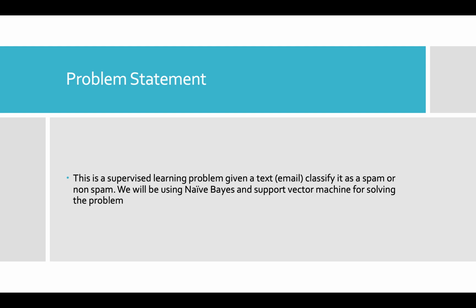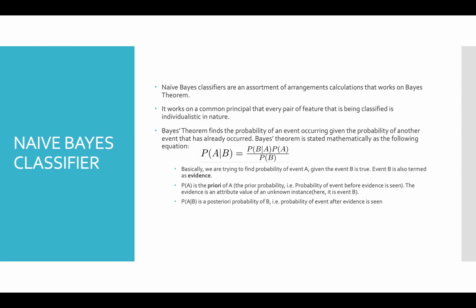In our case, the emails are the data and spam or non-spam are the labels, and we are trying to figure out a rule by which we can assign an email as spam or non-spam. For supervised learning, there are many classifiers, but naive Bayes and support vector machines are the most popularly used algorithms. So in our project, we'll be using both of these to solve the problem of email spam classification.